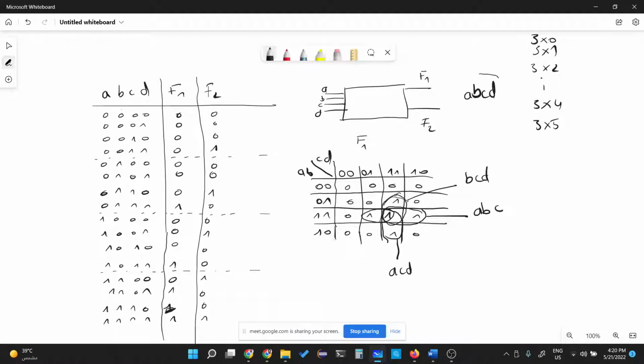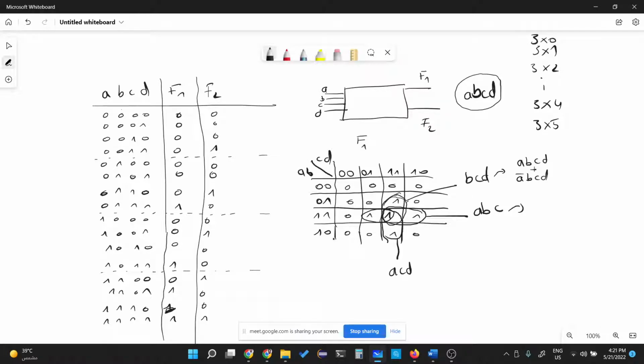So A, B, C, D is covered by all the prime implicants that we selected here, so it will be included in each one of these expressions. So here B, C, D, in reality, is A, B, C, D or A bar B, C, D. So it covers A, B, C, D and A bar B, C, D, these two min terms.